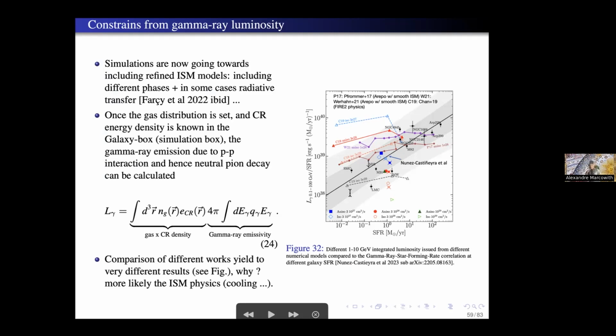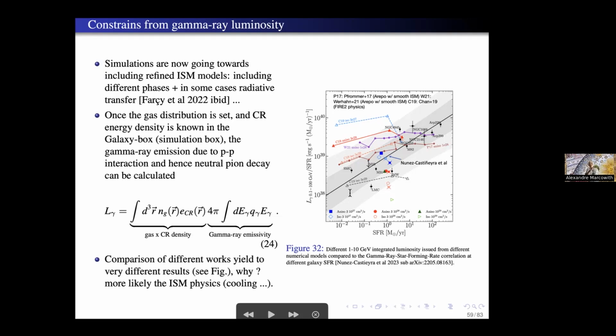Looking at the gamma-ray emission from our galaxy or other galaxies, there is in fact a correlation, obtained especially by the Fermi satellite, which is sensitive between 100 MeV and a few tens of GeV.